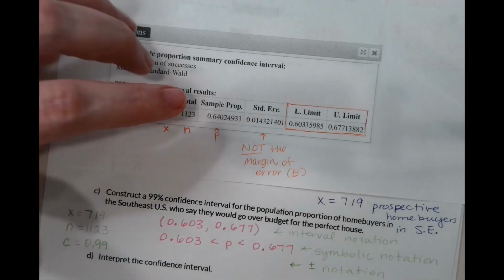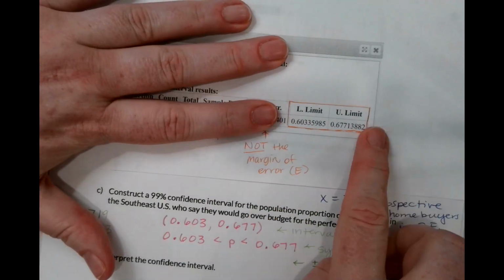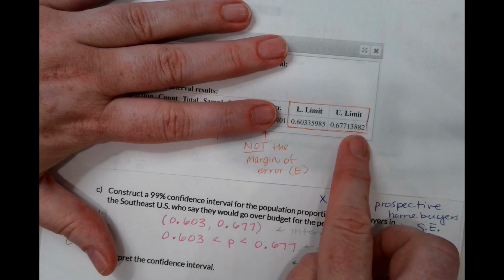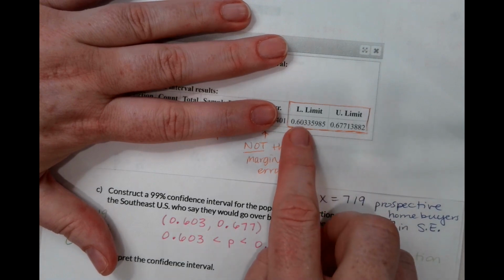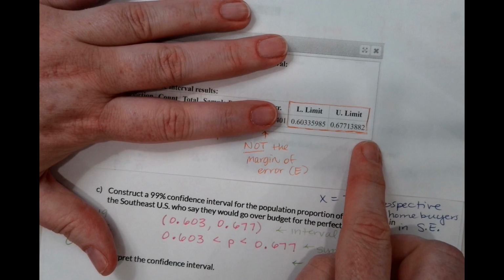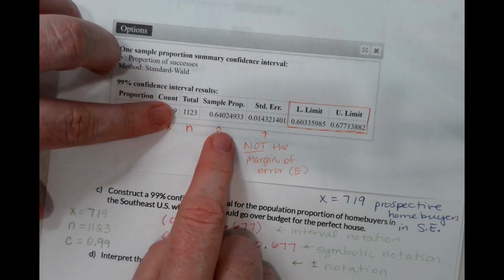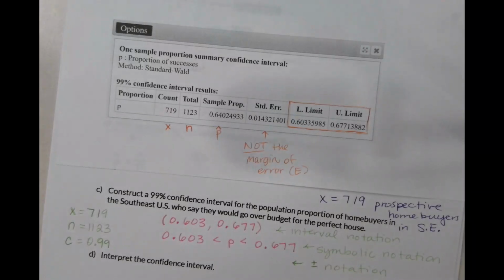If we only had our two endpoints, then we would need to subtract these two and divide by 2. But since we know where the middle is, right, p hat is in the middle, I can just subtract.